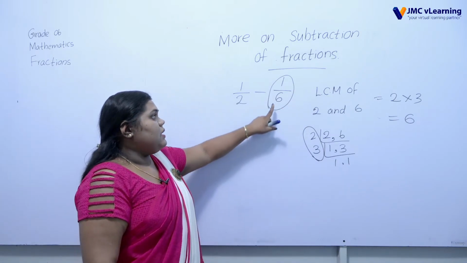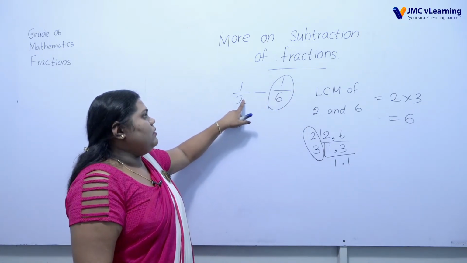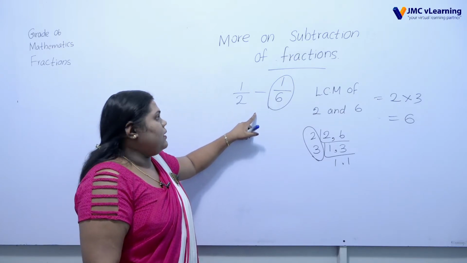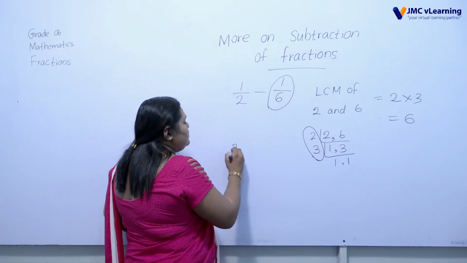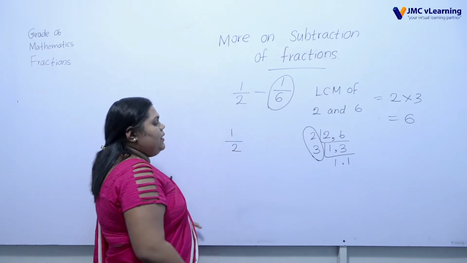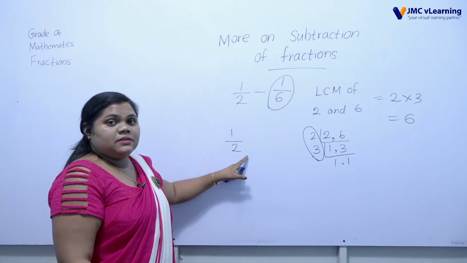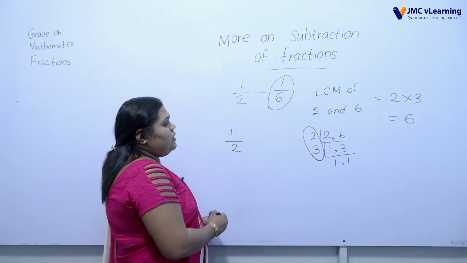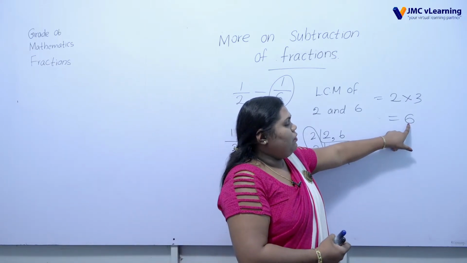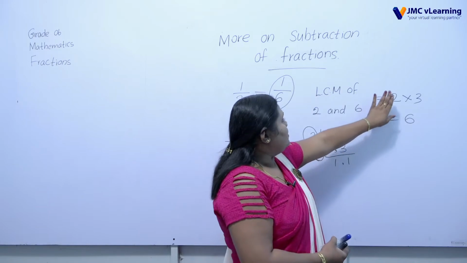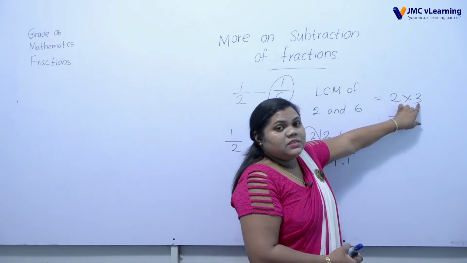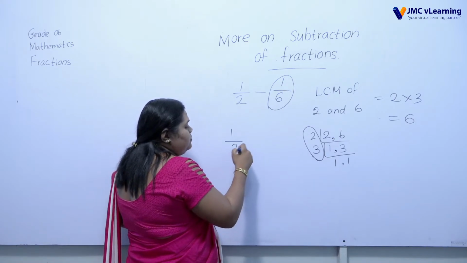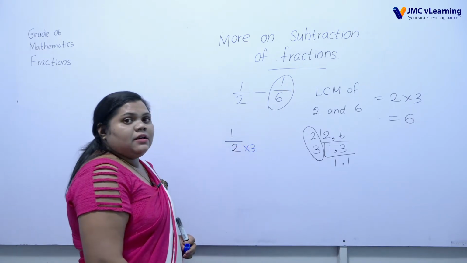Do you want to change this number? No need, because 6 is there. So you want to convert this 2 into 6, so very easily you can subtract those things. Okay. How can you convert this 2 into 6? Now look at this 6. You want to make 6. If you cover this 2, you can see this 3. It means you multiply this 2 by 3 to get the answer.